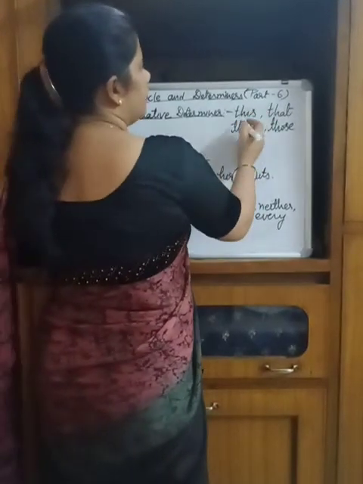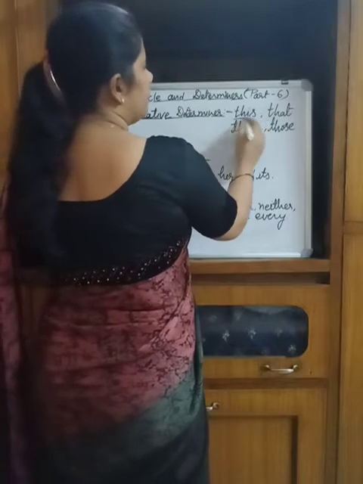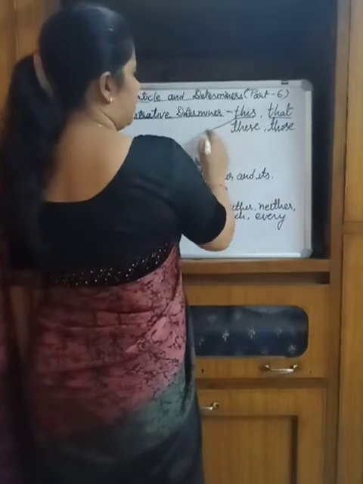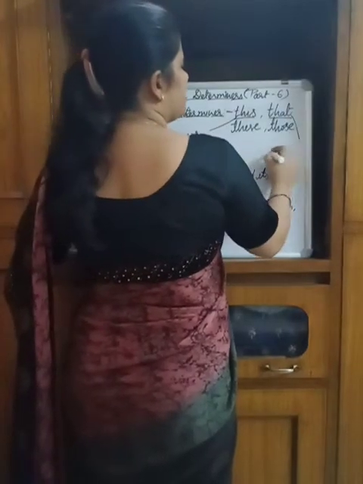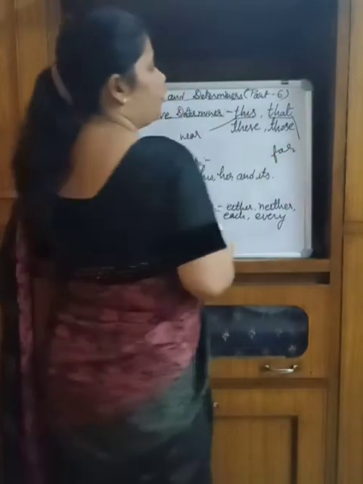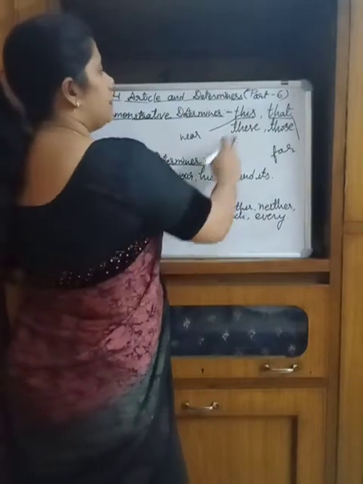We know that the word this is used for a near object, and that is used for a far object.